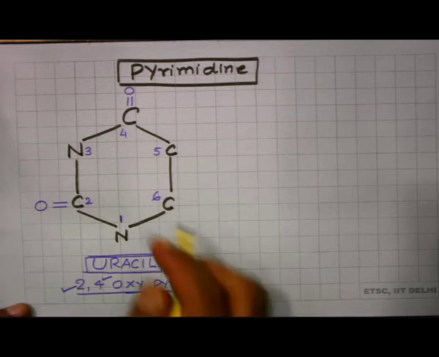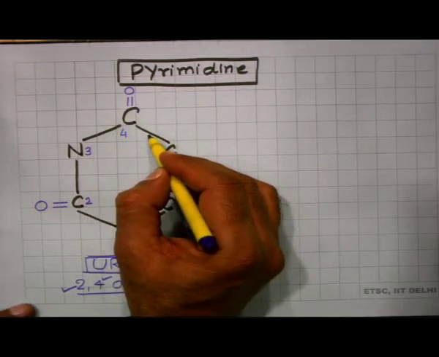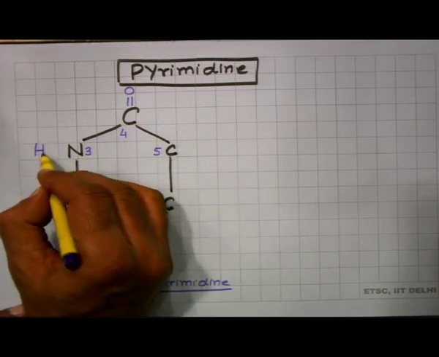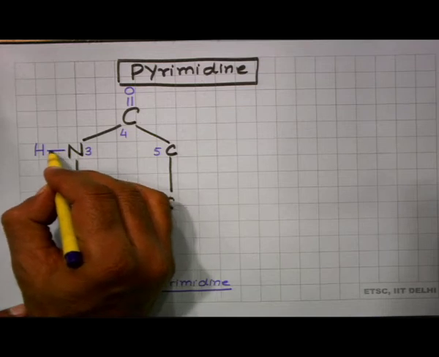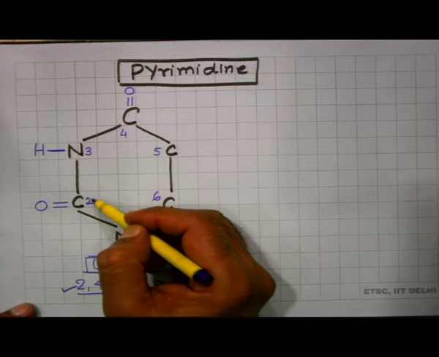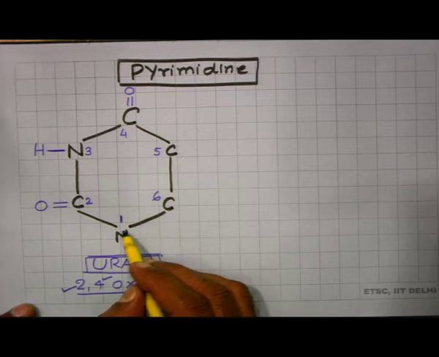Now, you can easily write 1, 2, 3, 4, here the valency of carbon is satisfied, here 1, 2, 3, nitrogen has 3 valency. So, we can easily place hydrogen at nitrogen. Here nitrogen has only 1, 2, 3.